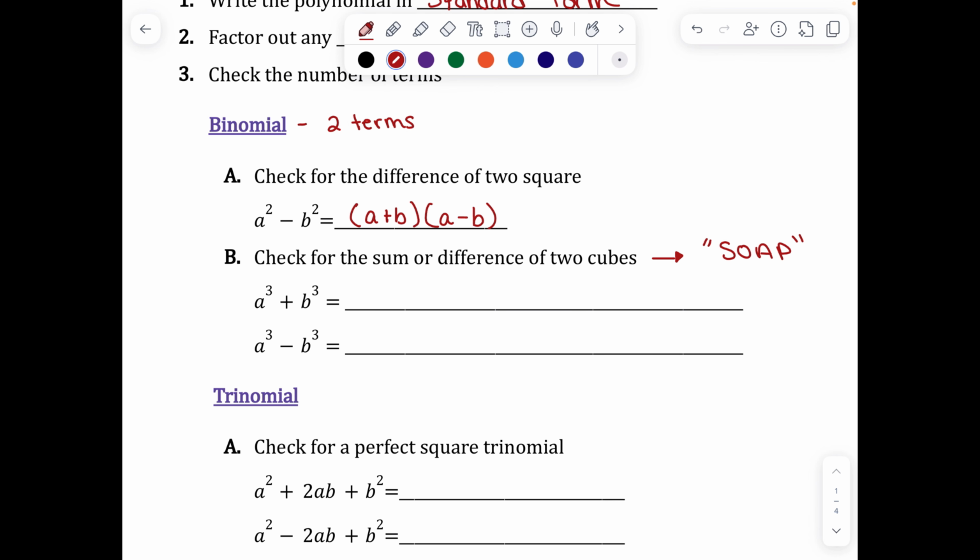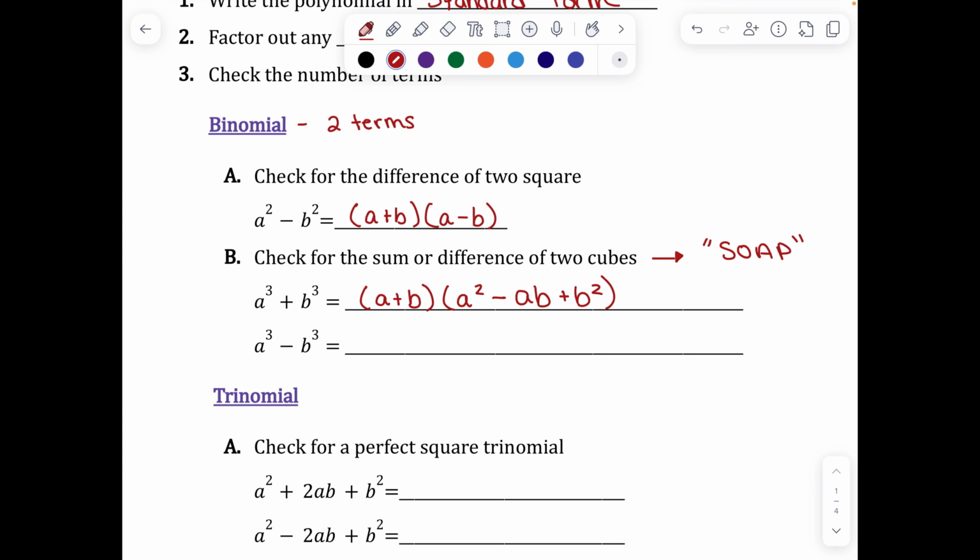So if you have a to the third plus b to the third, we factor it as a plus b, so same sign, times a squared minus opposite sign, ab plus b squared, always positive.